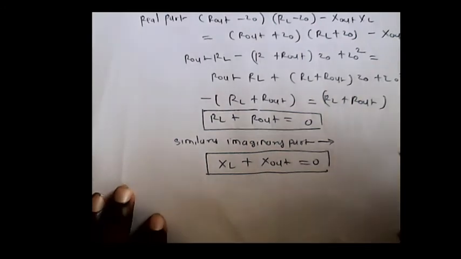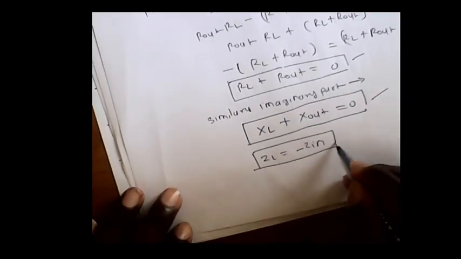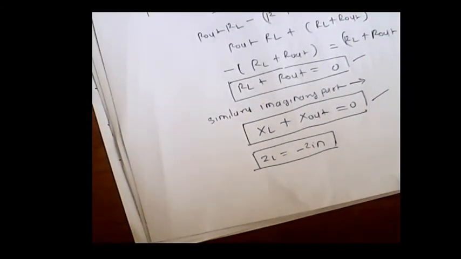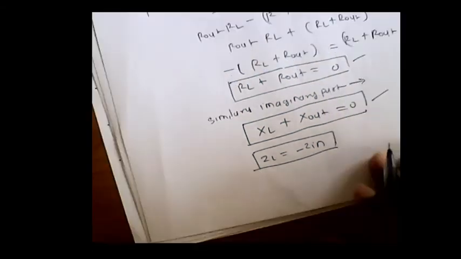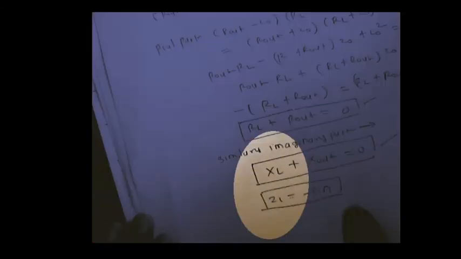This is the second condition to start the one port oscillation. So this is the first condition, this is the second condition, and together they give ZL equal to minus Z out, which we saw in the previous lecture for the steady state oscillation.